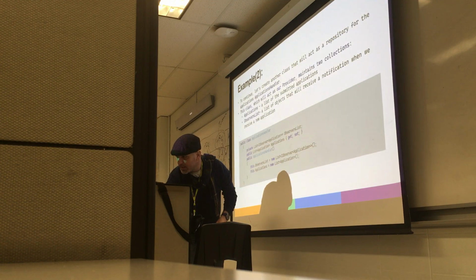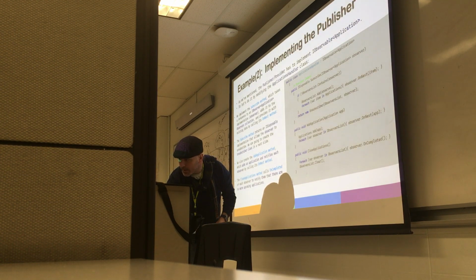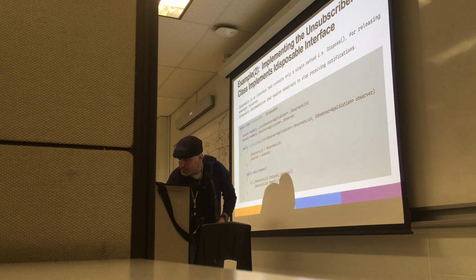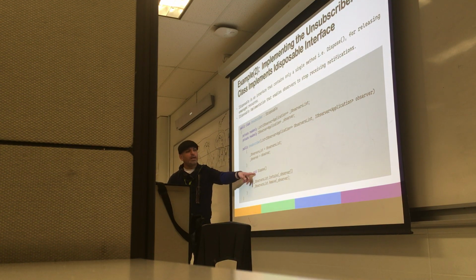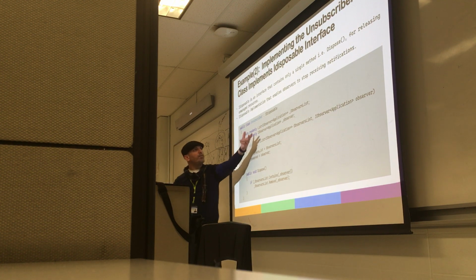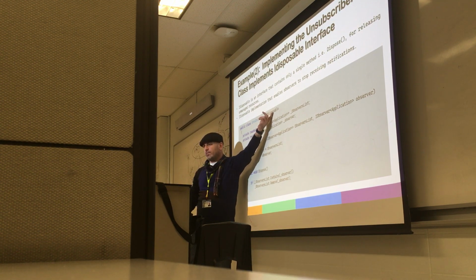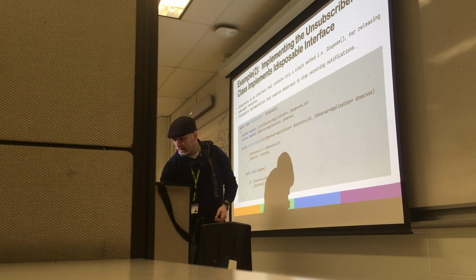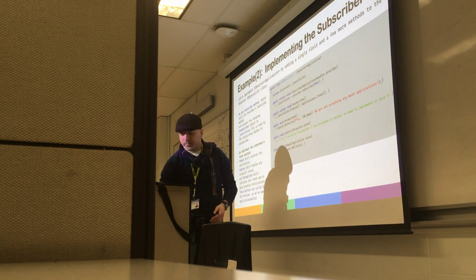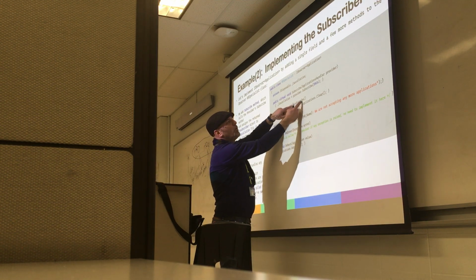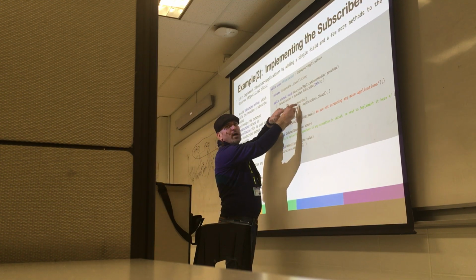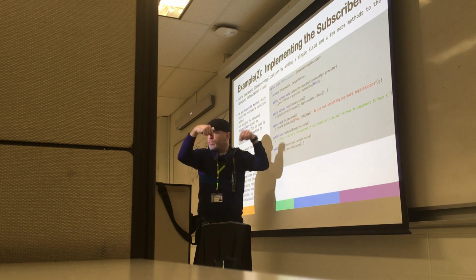Where is the unsubscribe? Unsubscribe, this is the method. How can we call this method? I need an object from disposable. Now we need to dispose or unsubscribe this observer.